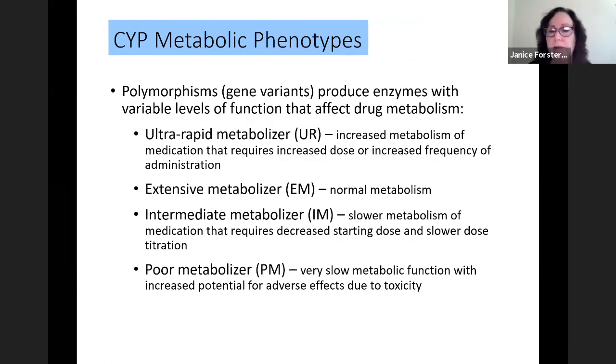If you're an intermediate metabolizer, your metabolism is slowed and it requires a decreased starting dose and an even slower dose titration. And poor metabolizer status is ominous because you have very slow metabolism and increased potential for toxicity, because if you don't know it, you keep dosing at the same frequency and the medication just keeps accumulating and accumulating and then you become toxic with adverse effects.